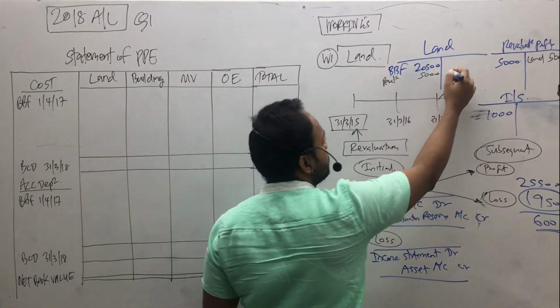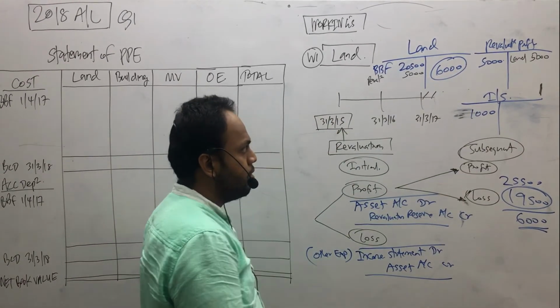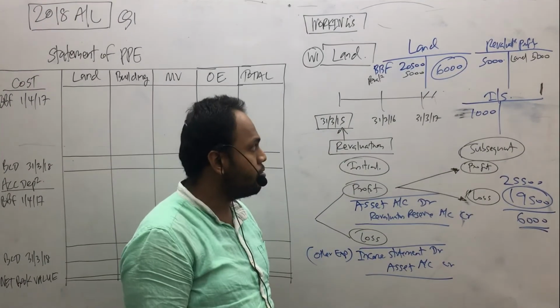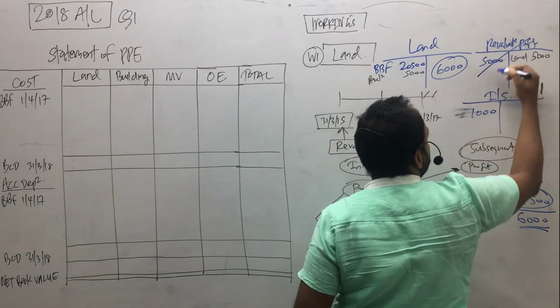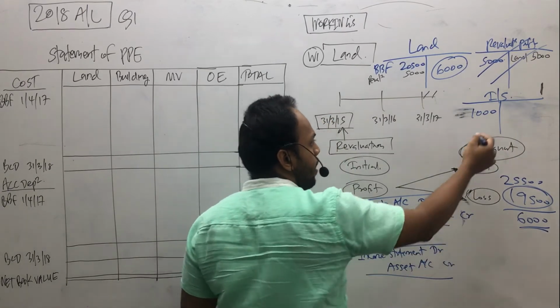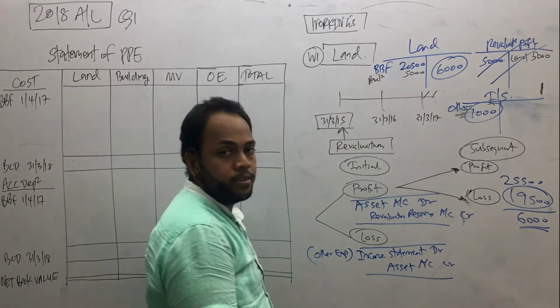And the land account should be credited 6,000. So land will reduce by 6,000, revaluation reserve will be debited 5,000, so it will set off, and under the income statement, other expense will have 1,000.